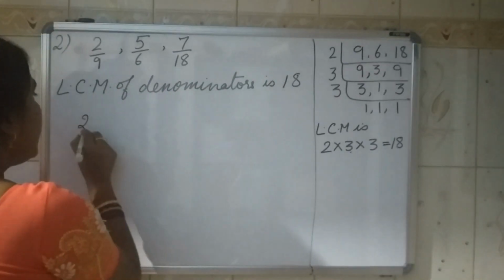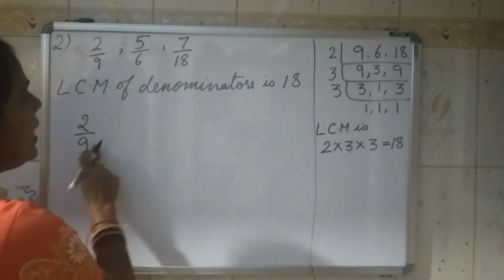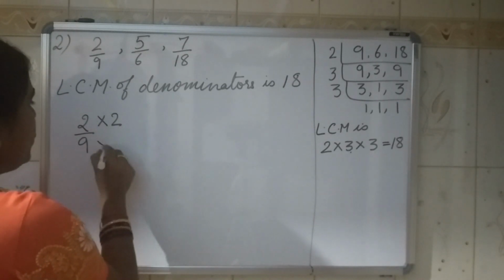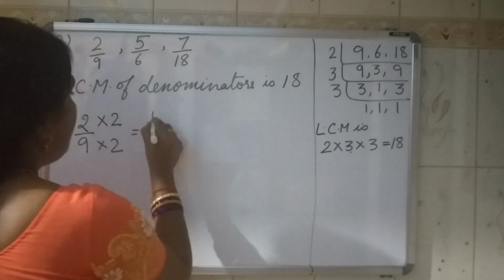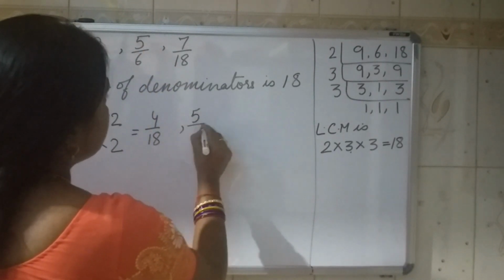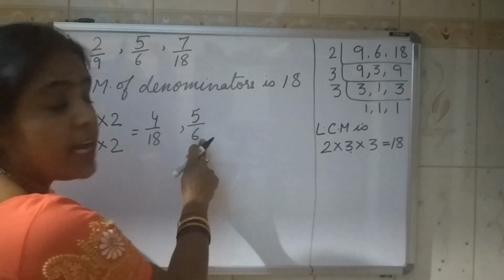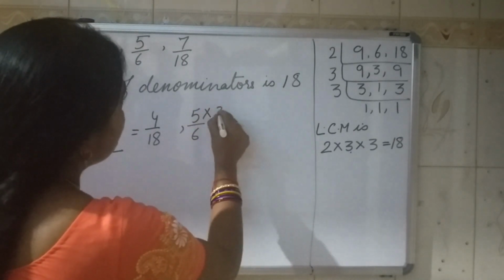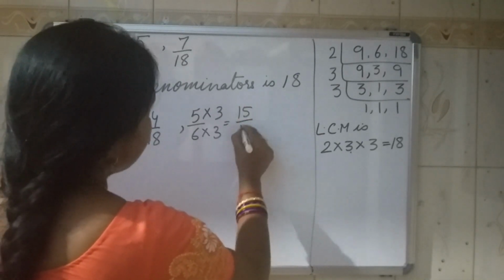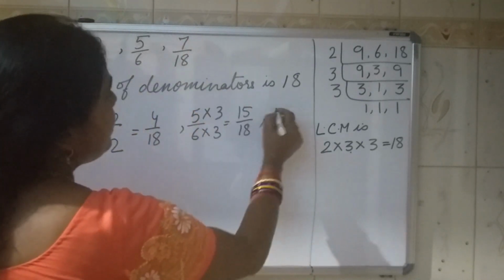Okay. Now the second part is we have to convert these fractions into like fractions. So for 2 by 9, which number will we multiply 9 by to get 18? 2. So 2 will be multiplied by 2, it is 4 upon 18. Then 5 by 6. 6 3s are 18, so 5 into 3, 6 into 3, it is 15 upon 18. And then next is 7 upon 18.